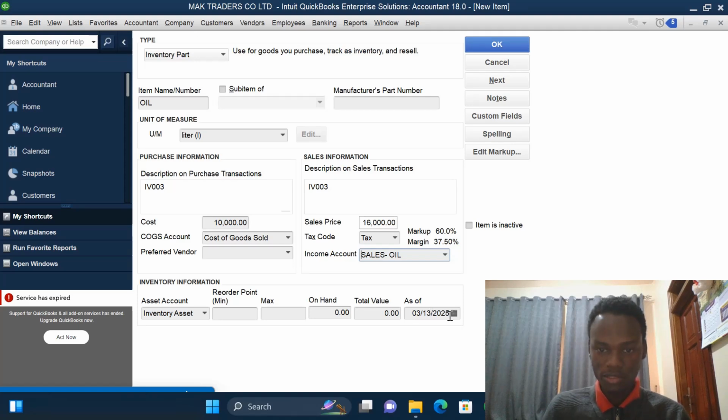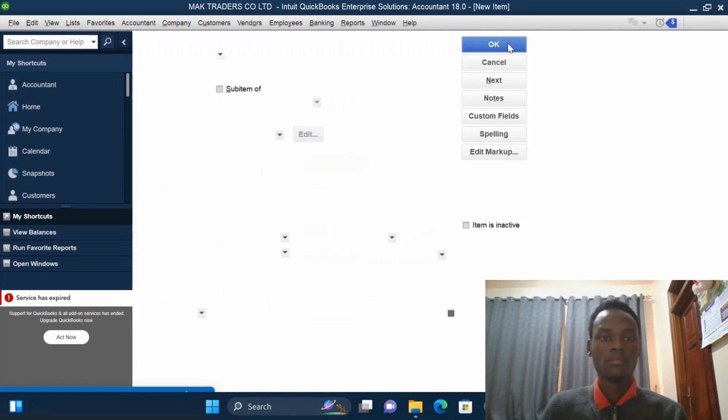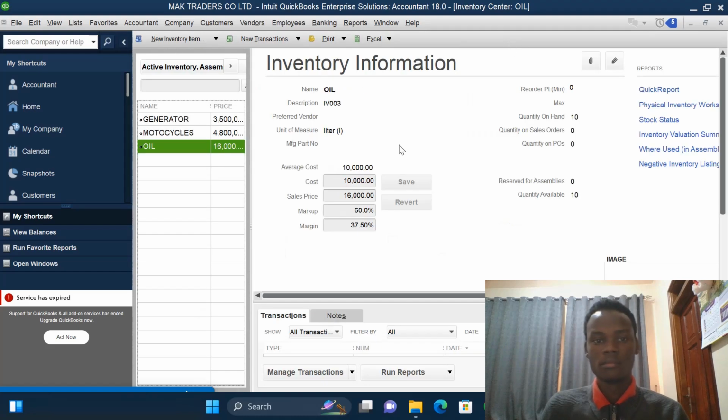We'll switch our date here as well, going to the 1st of January 2023. The quantity at hand is 10.